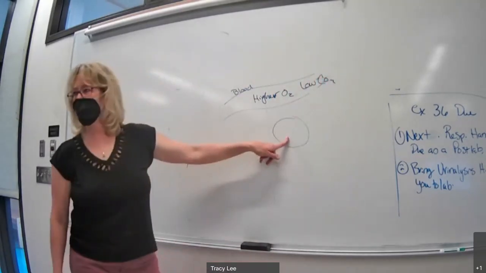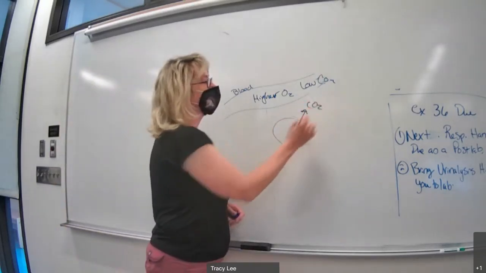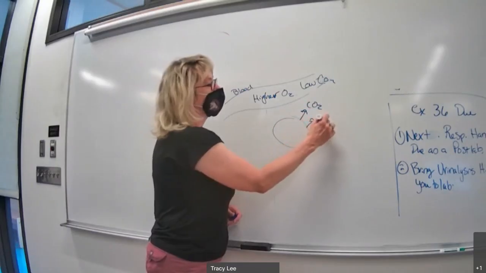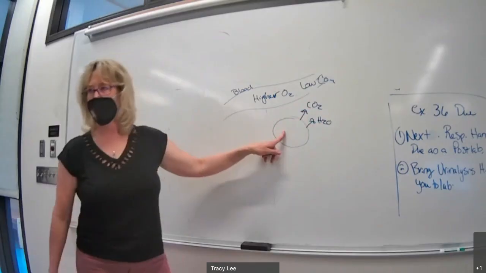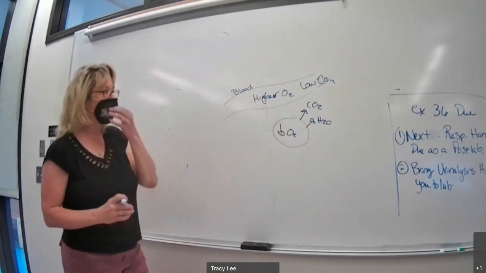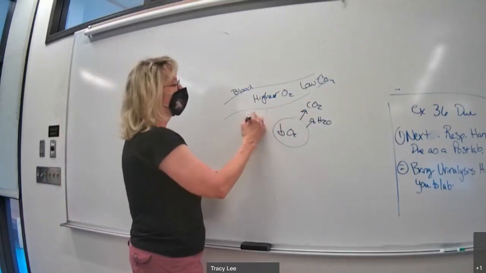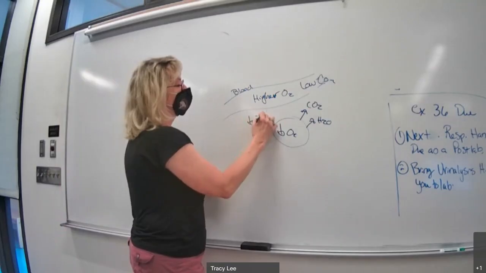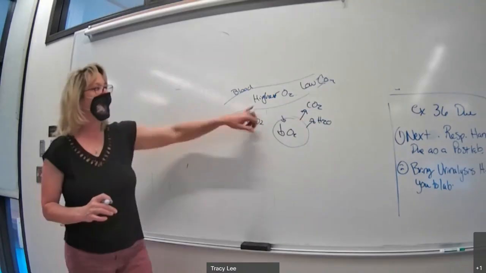We get to these cells in the tissues, they're dumping their CO2 and their water out. And they took O2 in, but they've used that O2, so they're really low in O2, which means our interstitial fluids are low in O2. Why? Because that's going into the cells and the cells are using it up.